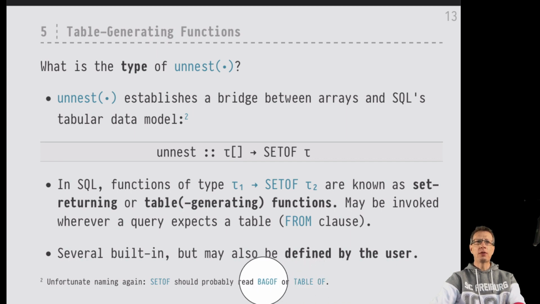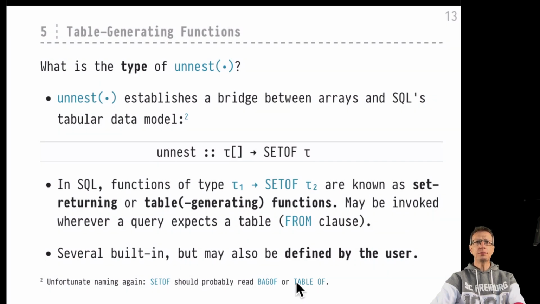We're getting something that can act like a table. The result of unnest can act like a table, and we can iterate over it. We can bind row variables to the result of this function, and it just acts like a table. So maybe these would have been better names, but I can live with set of, that's fine.